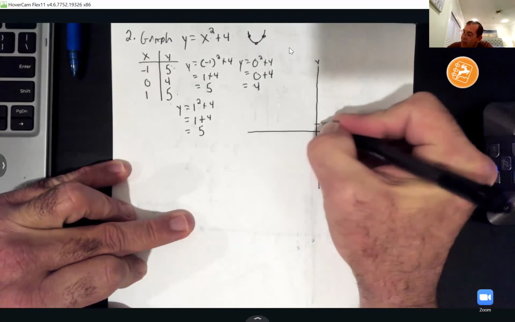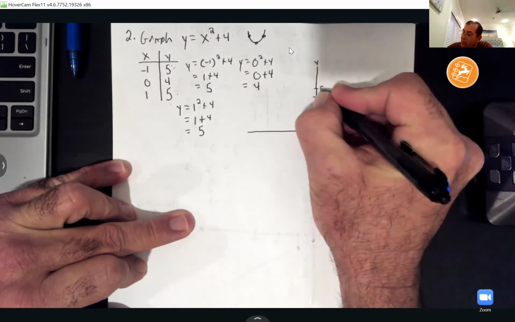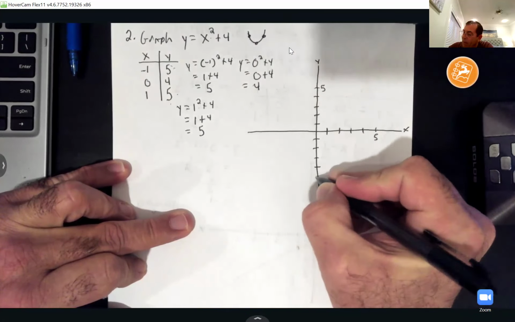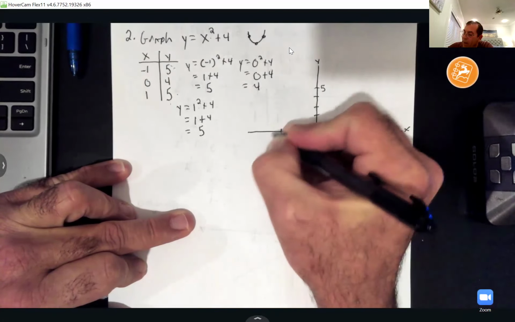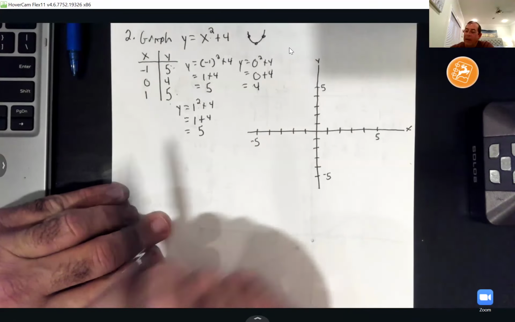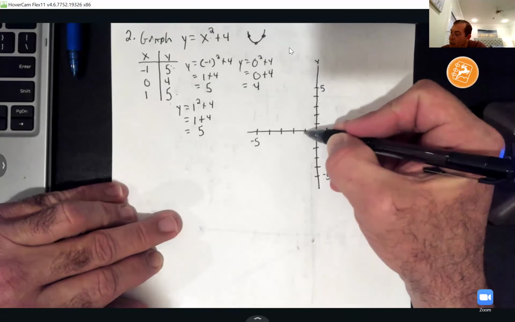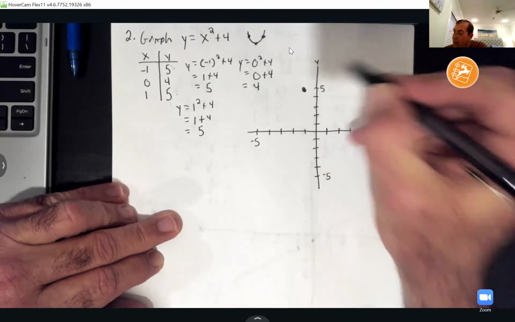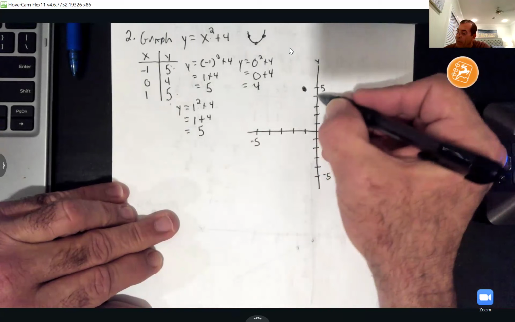All right, y'all, let me go out about 5 on this. That was my biggest number. All righty, so -1, 5 will be left 1 and up 5. 0, 4 will be at 0 and up 4.